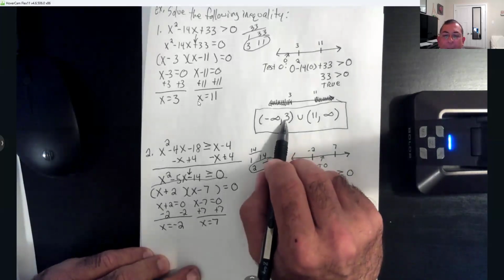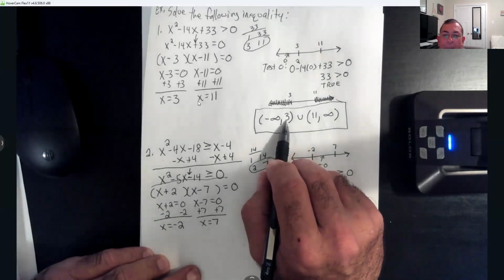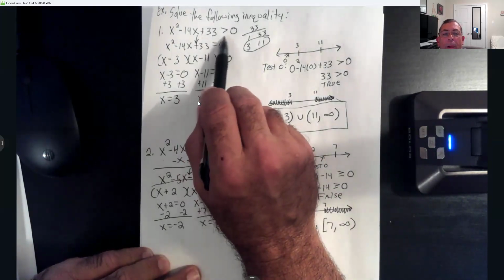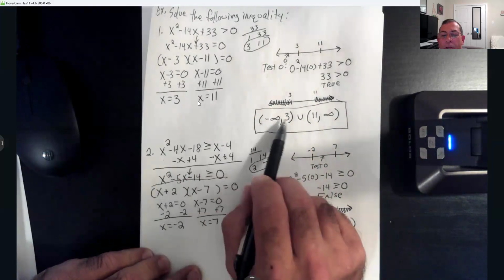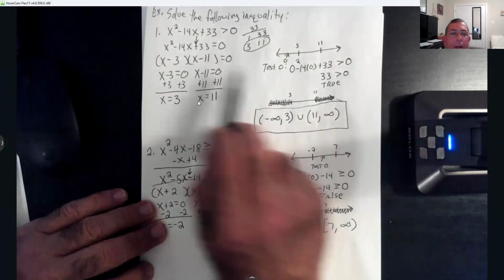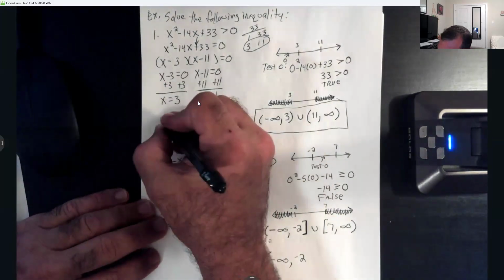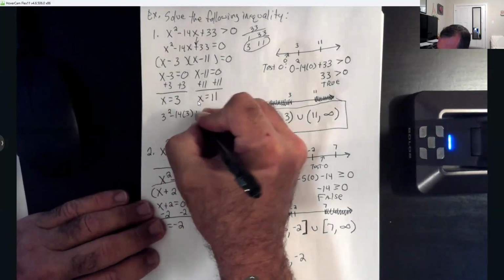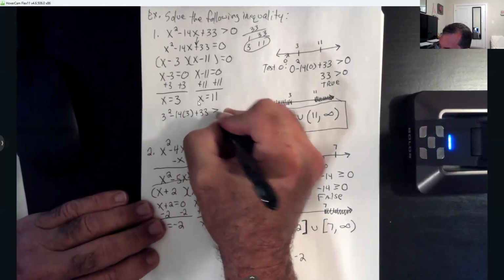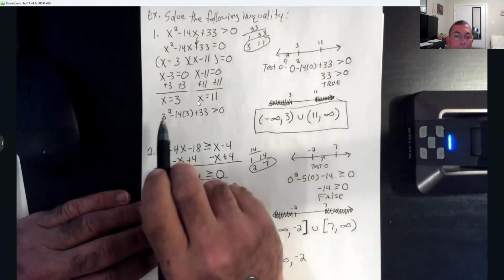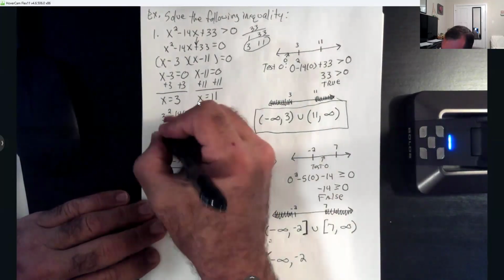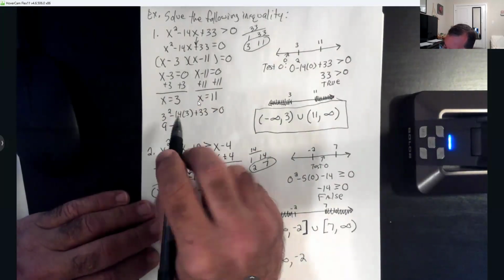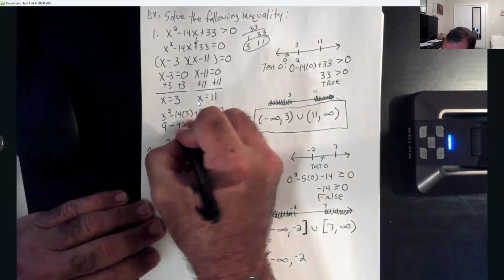See right here, this 3, let me show you what happens. So since the 3 didn't have an equals up here, equal to 0, this 3 will be false when I put it in here. So let me show you that. 3 squared minus 14 times 3 plus 33 has to be greater than 0, right? Well, y'all, 3 squared is 9. Minus 14 times 3 is 42.